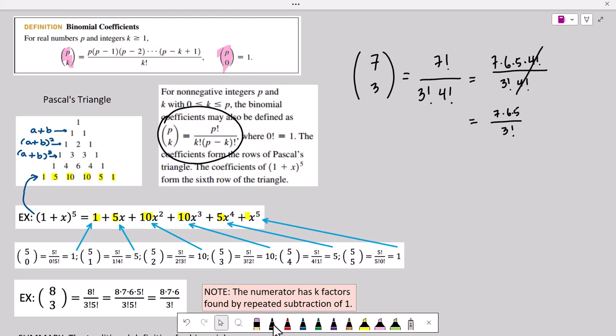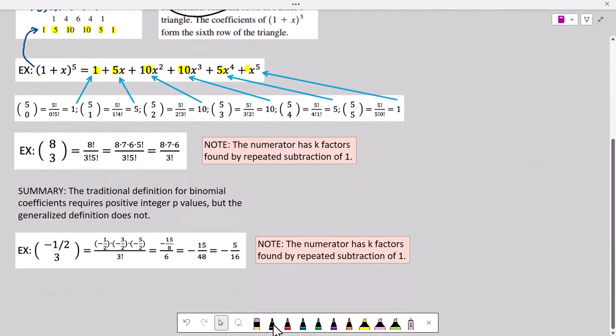When we simplify all these, we get the same coefficients that you would get if you used Pascal's triangle, or if you did long FOIL, if you did FOIL forever, if you're into foiling.